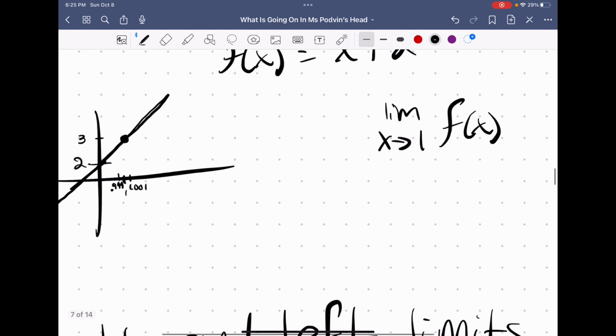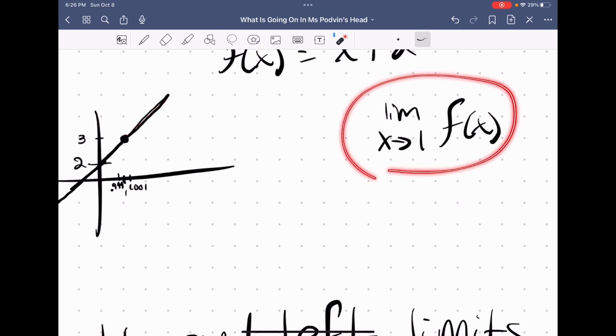And this limit notation is saying as we get closer and closer to 1, what does it look like the function f is going towards? In order to do that, we need to look from left to right, going towards x equals 1, and from right to left as x is getting closer and closer to 1.